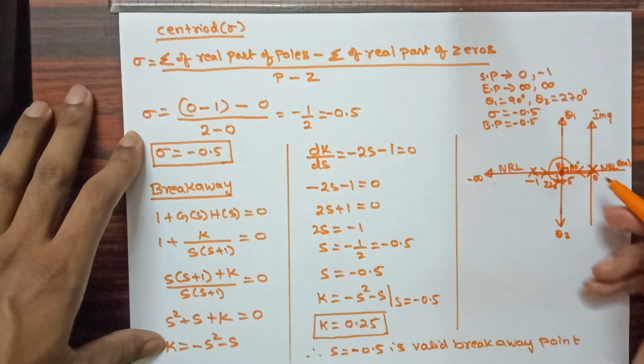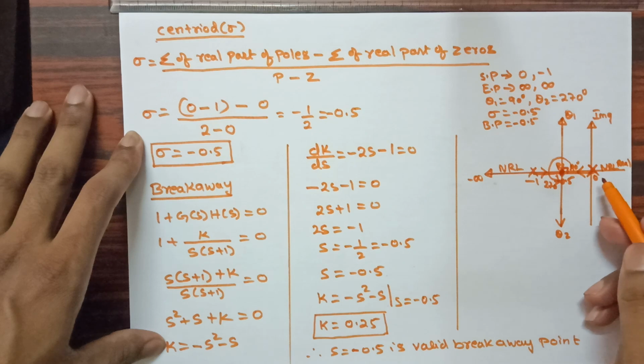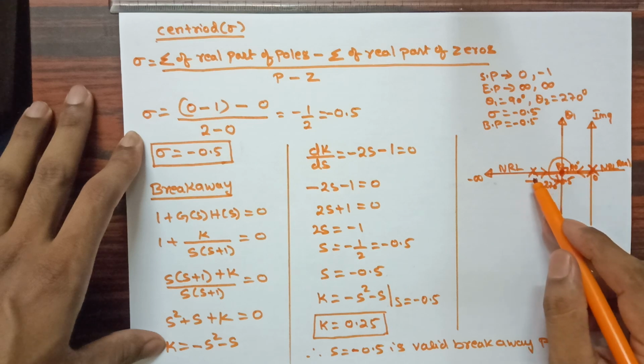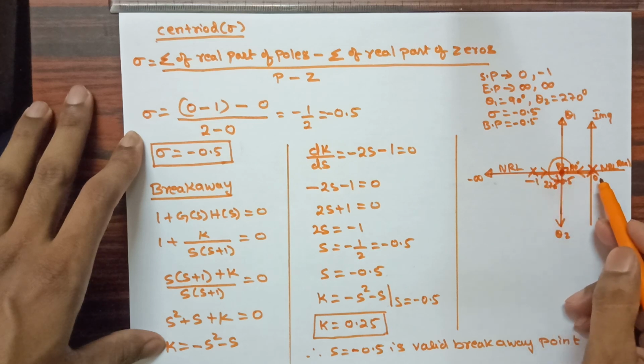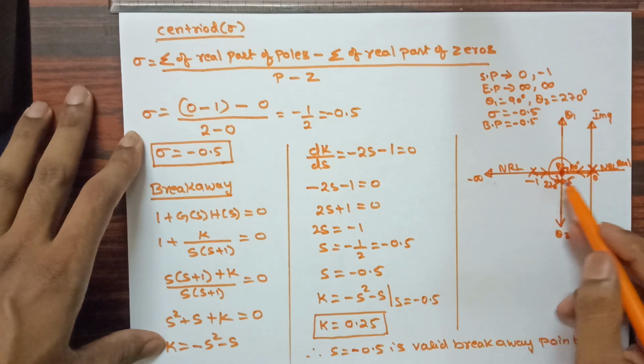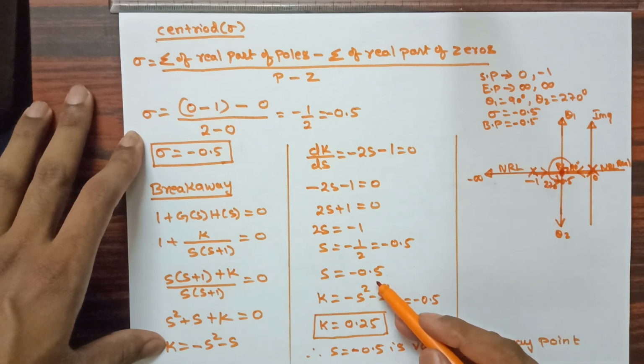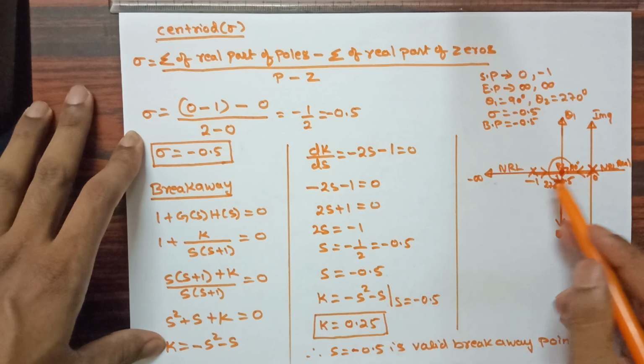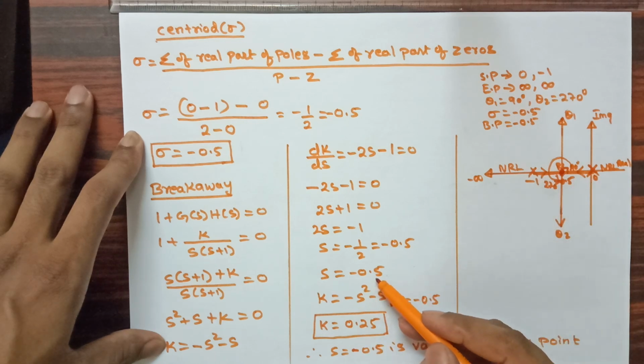You can check the validity of the breakaway point from the graph also. Always remember, the breakaway point exists only on the root locus path, and when this pole moves in this direction and this pole moves in this direction, they are definitely going to meet between 0 and -1. So when you get some values, before substituting in the k equation, you can check with the graph whether it is valid or not.